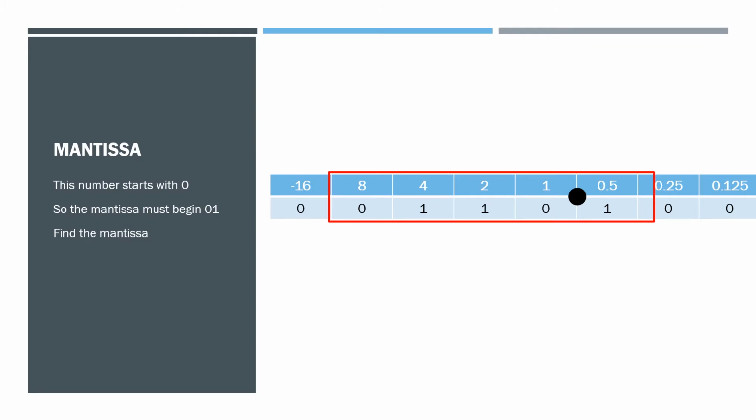We don't need to include the zeros at the end because they don't have any value, but we have to find the pattern of ones and noughts that makes this number, and the pattern must begin 01 or 10. So there's the mantissa, and now we have to hop the point.